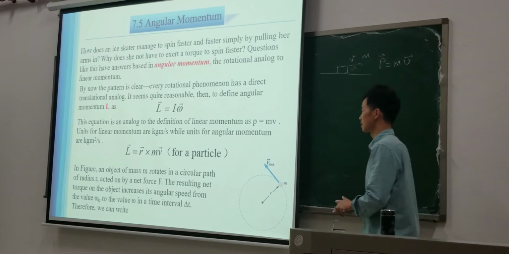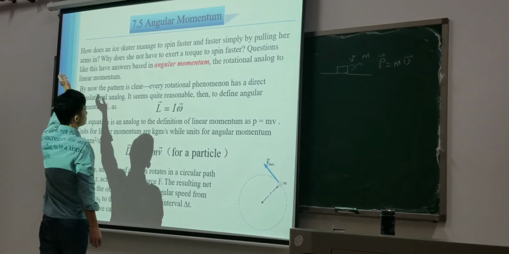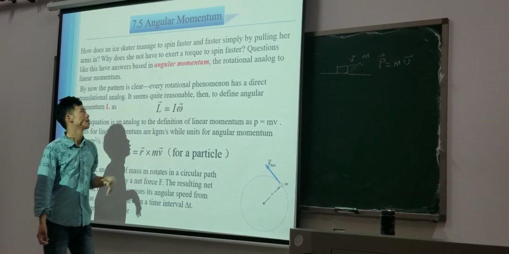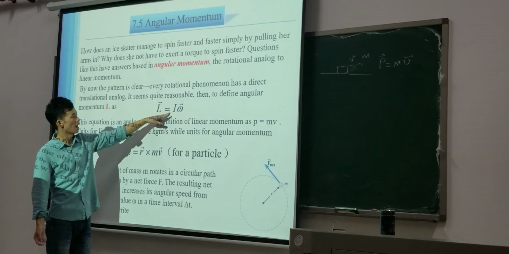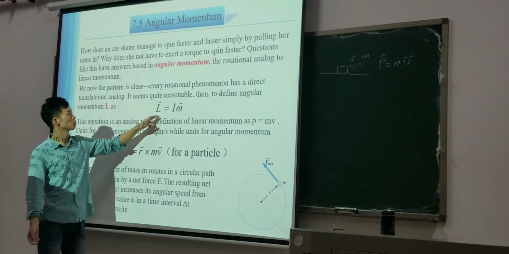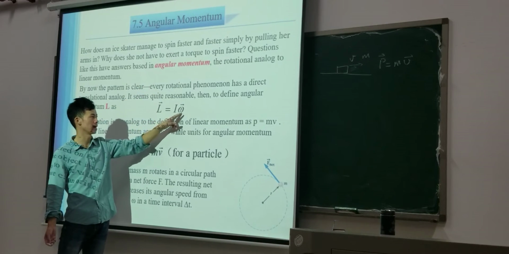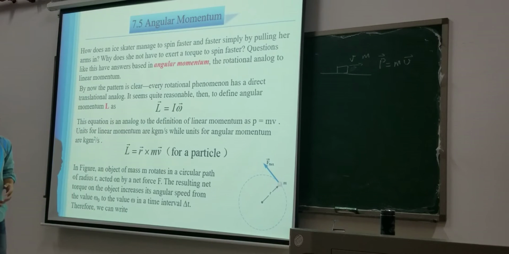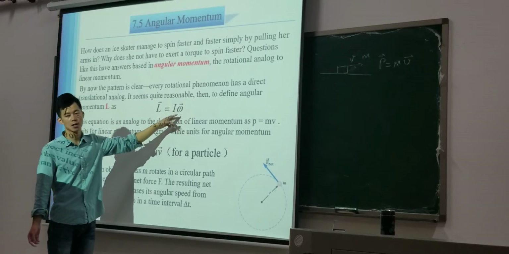Now, when the body is in rotational motion, we can define angular momentum. We use L to refer to the angular momentum, and it is I multiplied by omega.